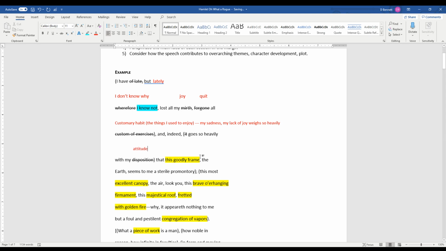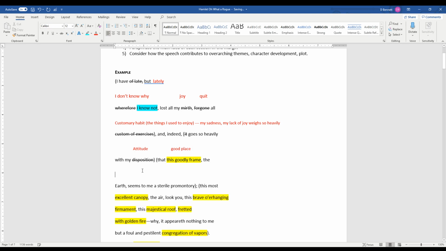That this goodly frame the earth seems to me a sterile promontory. So goodly frame, this is a metaphor comparing the earth to a literally a good frame, but a good place, we'll just say. The earth seems to me a sterile promontory. That's a difficult one. If we were to pause and look up promontory, promontory means a place where you walk around.